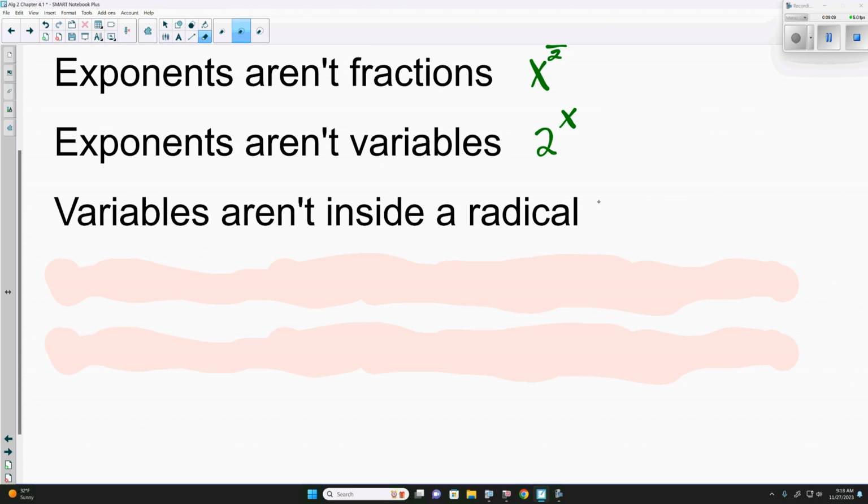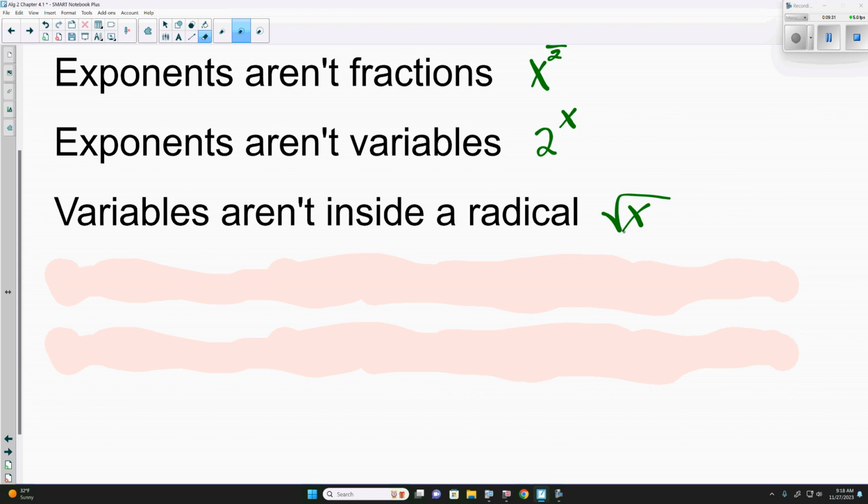Variables aren't inside radicals. I can't have the square root of x. Square root, 4th root, 75th root of x.